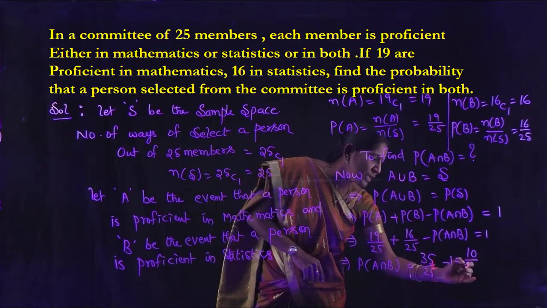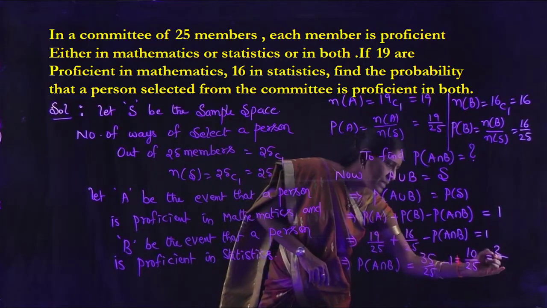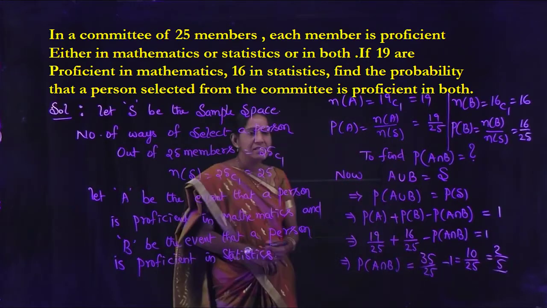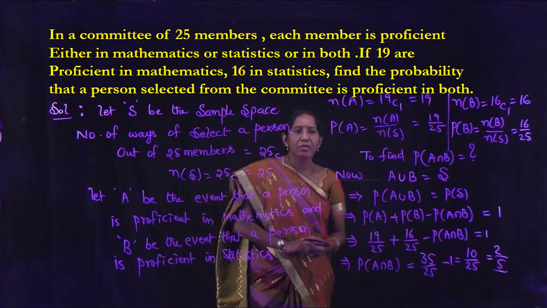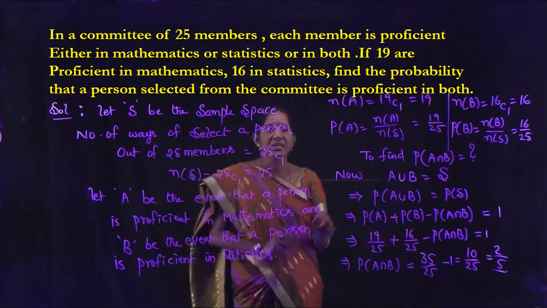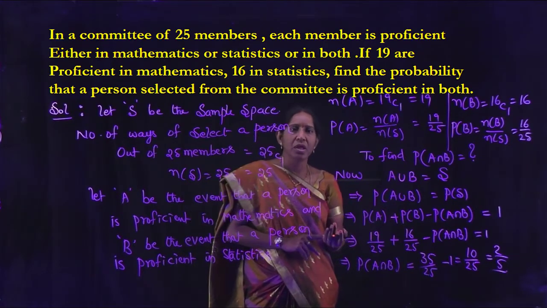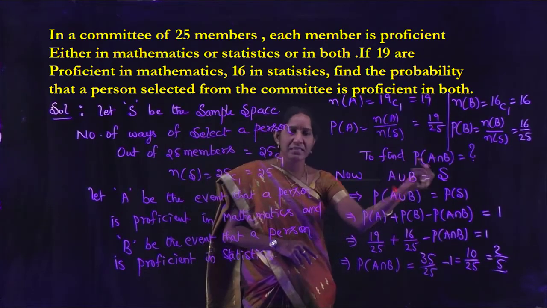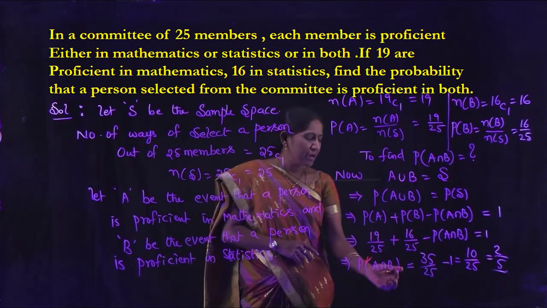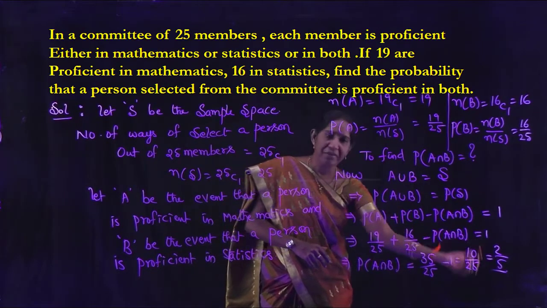So this value is 10 by 25. By simplification, we get 2 by 5. Therefore, the probability that a person is proficient in both, P of A intersection B, equals 2 by 5.